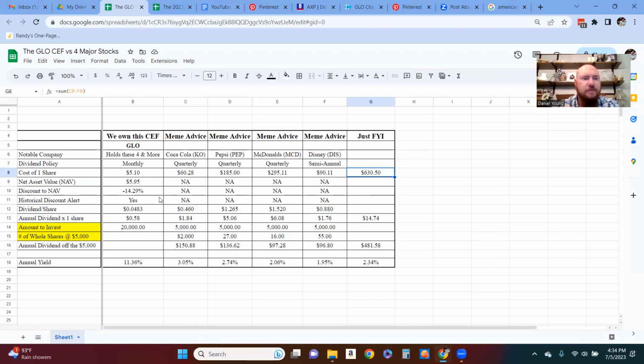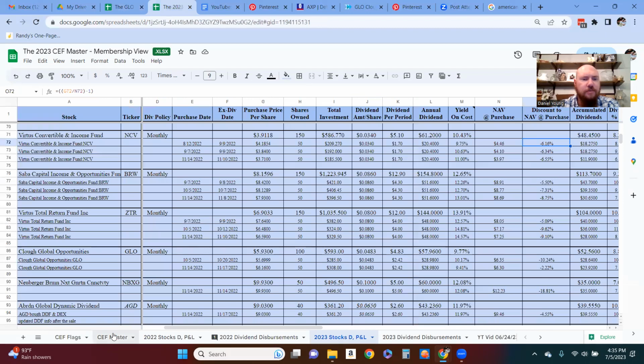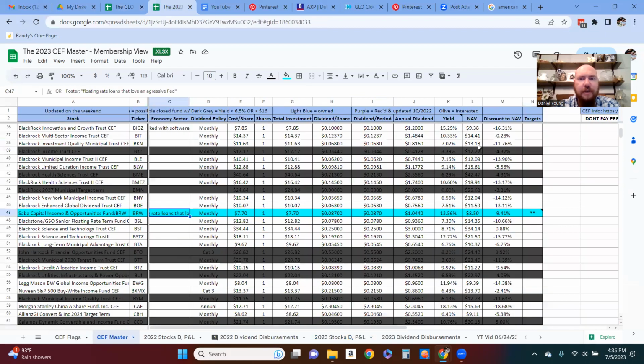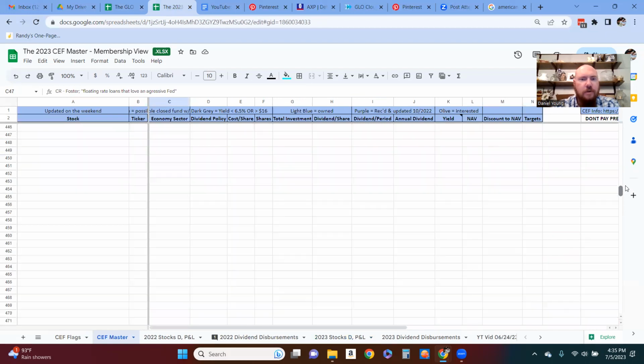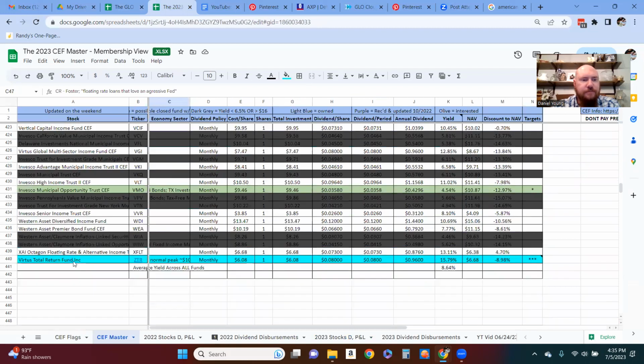So if we take the same system, right? So closed-end funds you can buy at a discount to their overall value. You don't get that with single stocks. So what I do on our closed-end fund portfolio and all the different data is I take all 438 closed-end funds on the bottom. 440 minus the 2 lines at the top is 438.